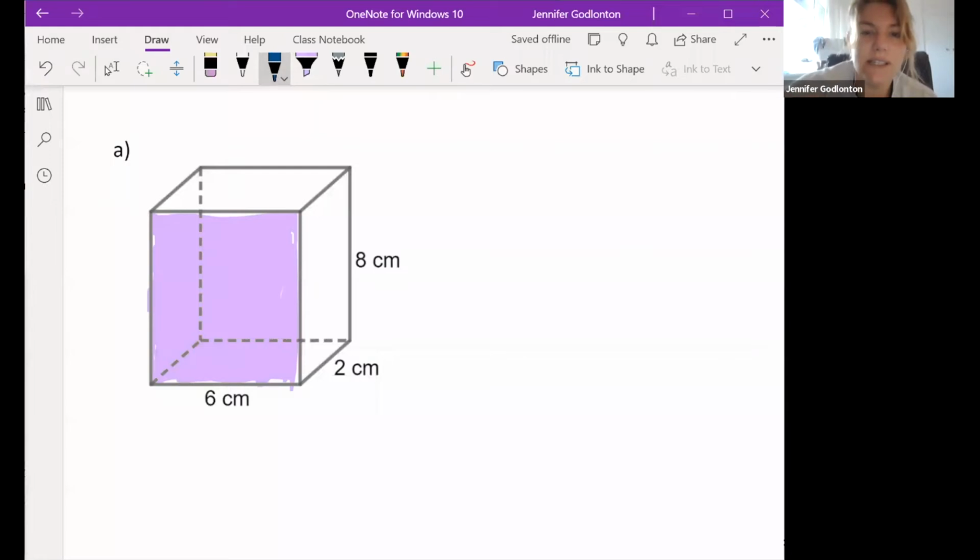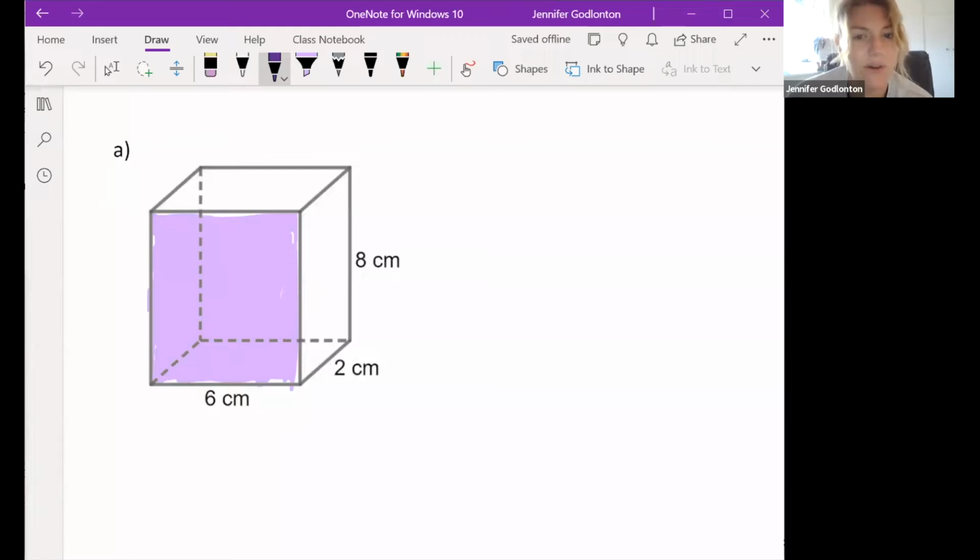If I'm wanting just the area of that purple face, what would the area of that purple face be? What times what? Look at your numbers very carefully. How would I work out the area of that purple face? Try and use the numbers that are on the picture.